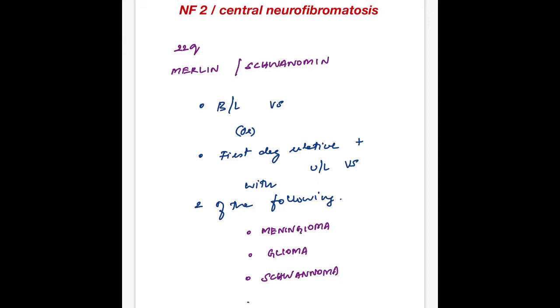All these are the findings commonly associated with NF2, or central neurofibromatosis. So this is the diagnostic criteria. Be very clear with these two, and now I'm going to come to the lesser variants of NF1 and NF2.